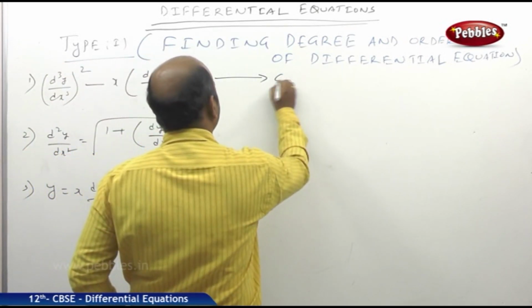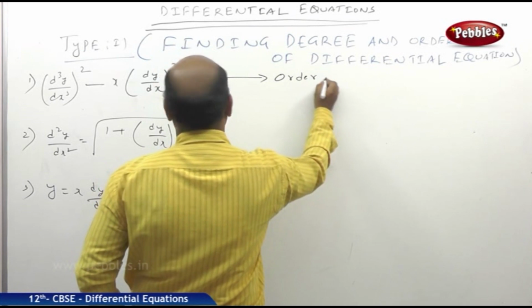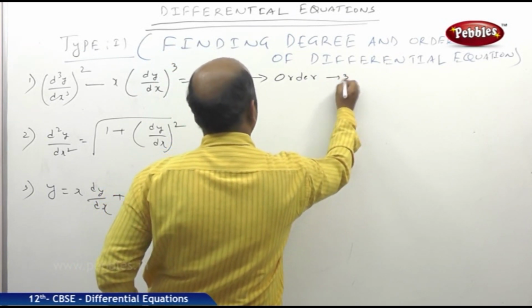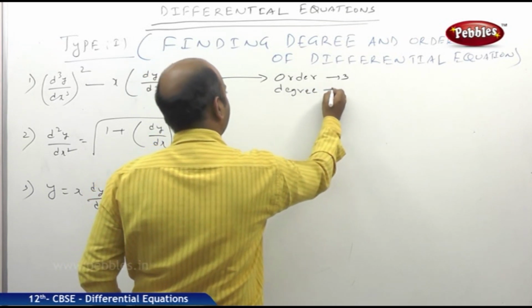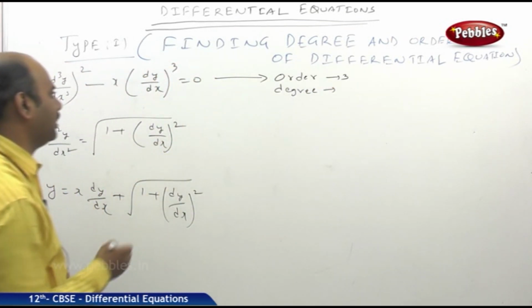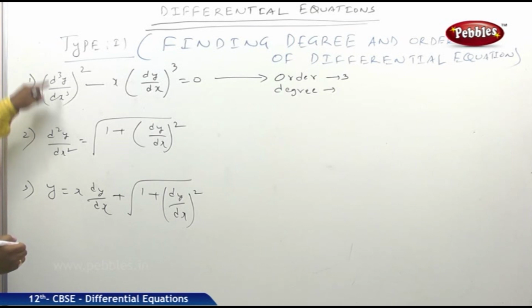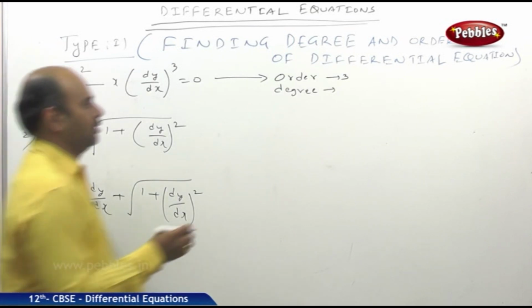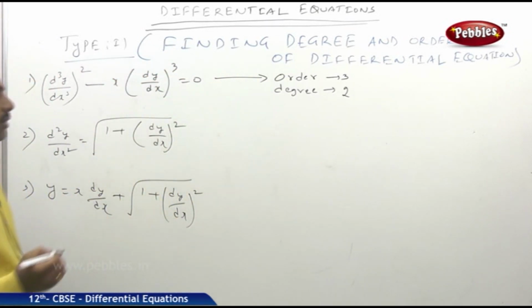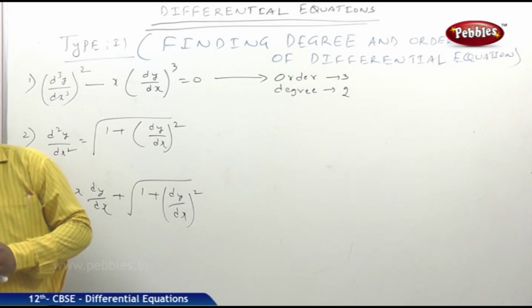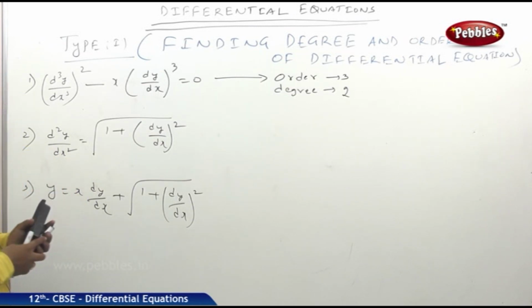So here I can write the order is 3. And what is the power involved for this particular highest order? d cube y by dx cube whole square is there, so the degree is 2. So the order of the differential equation is 3 and the degree is 2. So our first problem is very clear.